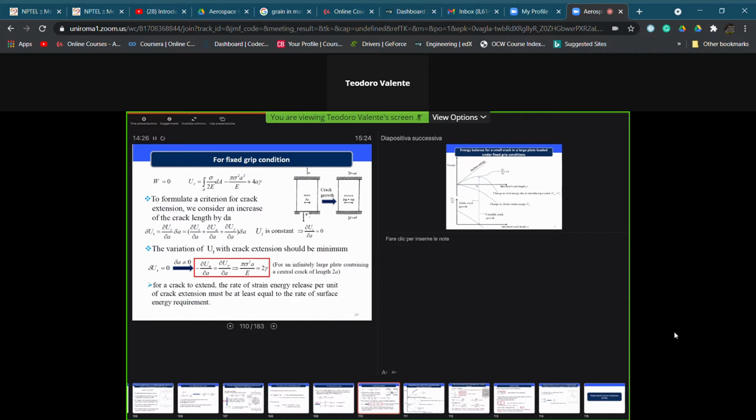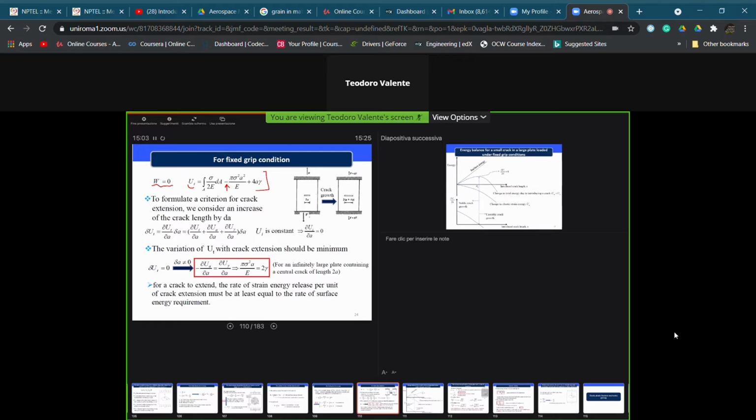If we take this as our consideration for the evaluation, it is simpler because we can eliminate this term, for the fixed grip condition. You see here, we apply force, but we do not have a displacement. We can write down the final expression of UT, the total energy, like it is written here, with W equal to 0 and with a minus before the term UA.